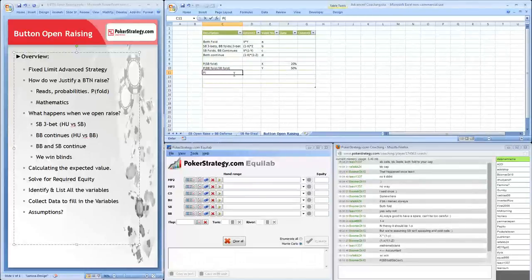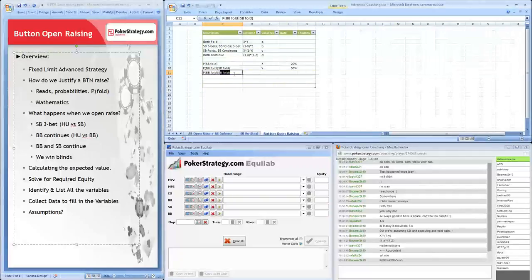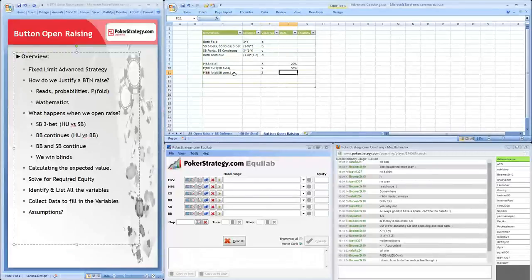Small blind continues. Yeah. What is the probability that the big blind folds given that the small blind continues? Exactly. Boomer's got it. Big blind folds given small blind continues. And this will be represented by z. And let's say in this situation, we'll call it 15%. But again, we want to be flexible enough where we can use any number here, any data figure.